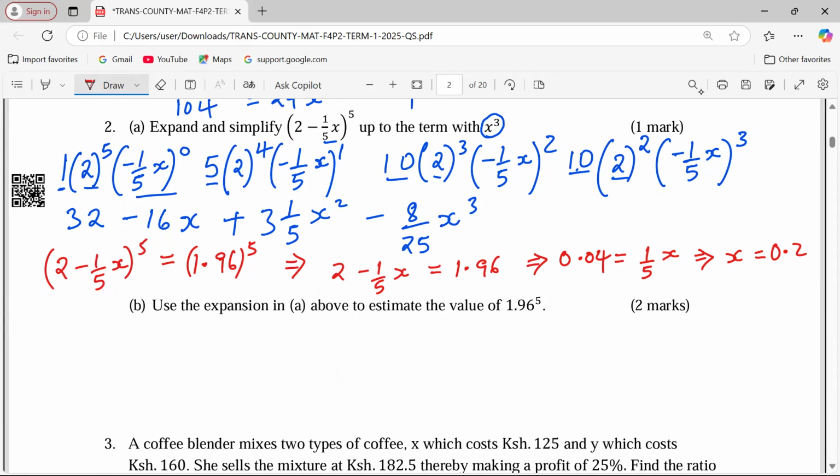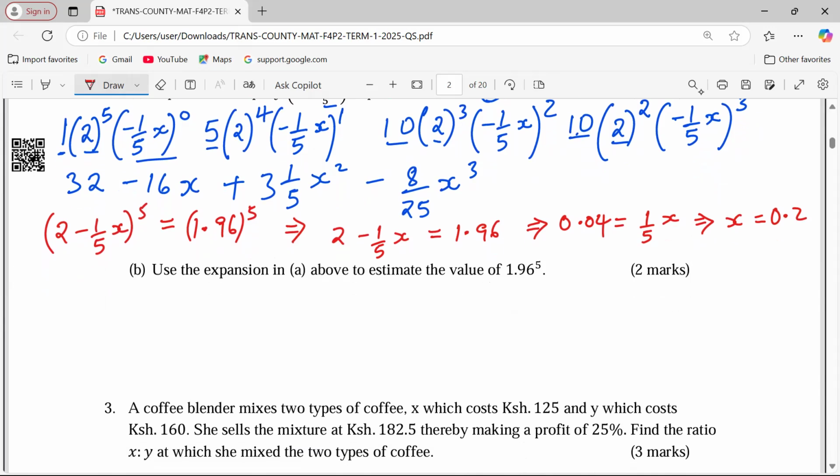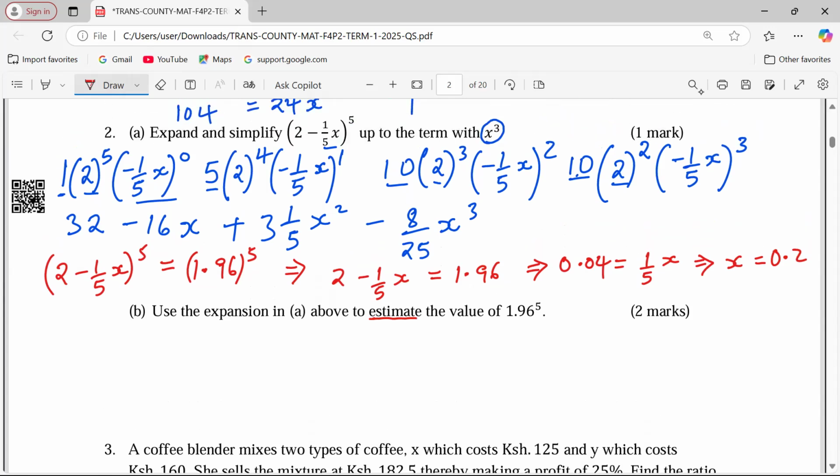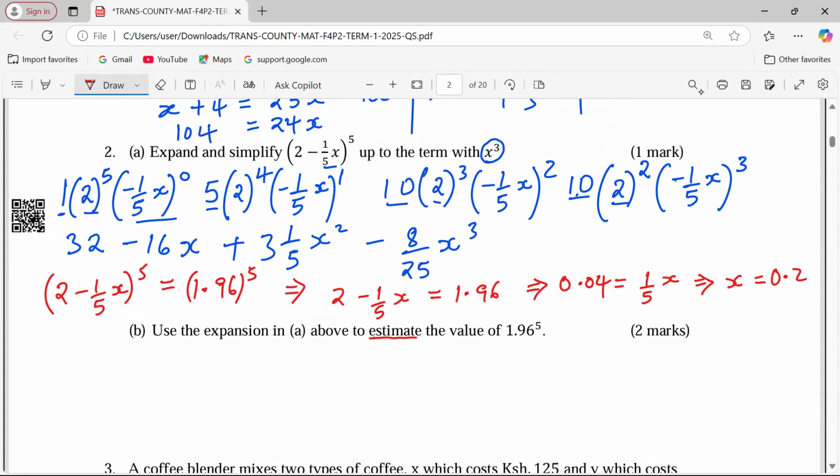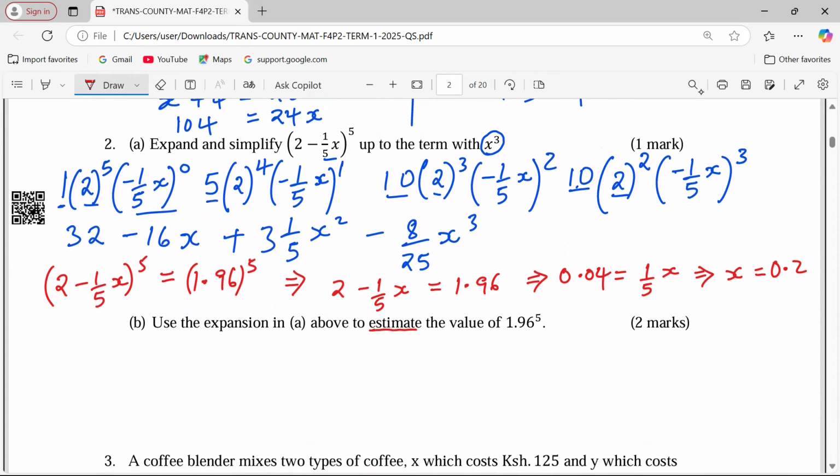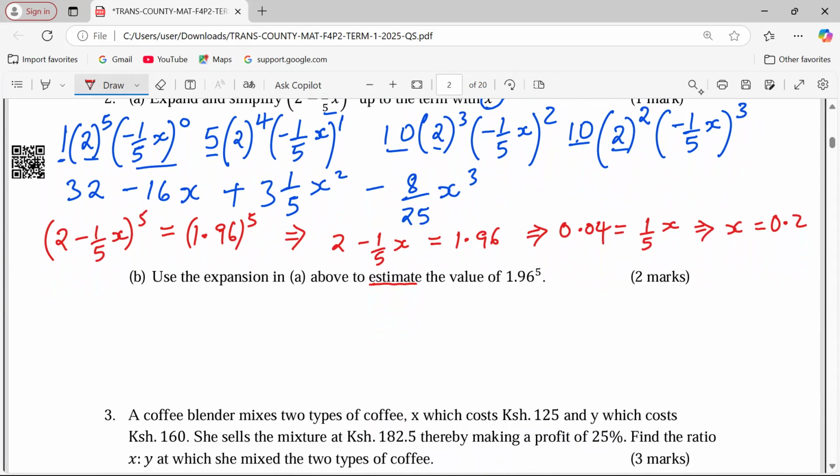In the previous expansion now, we shall substitute the value of x as 0.2. Remember, we are just estimating because we are not using the full expansion. In case we had done the full expansion, we would get the exact value, but now we shall just get an estimate.